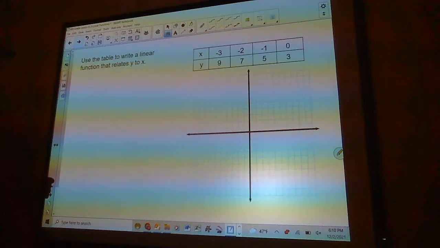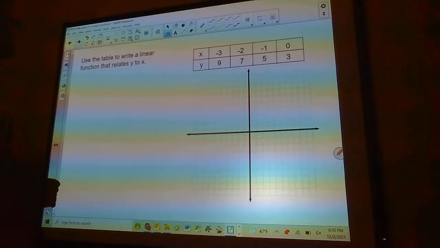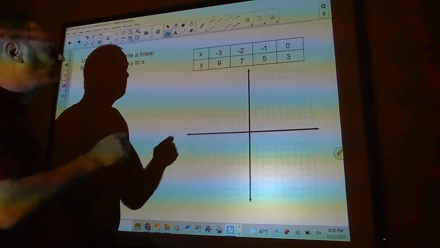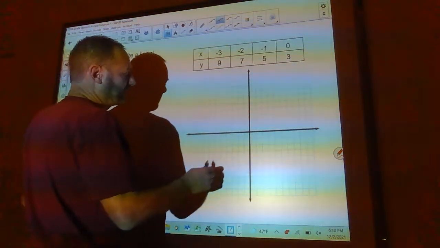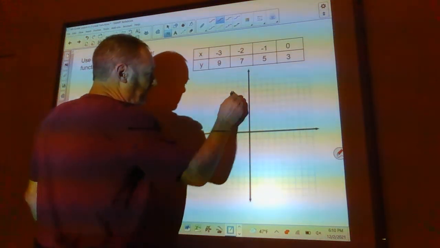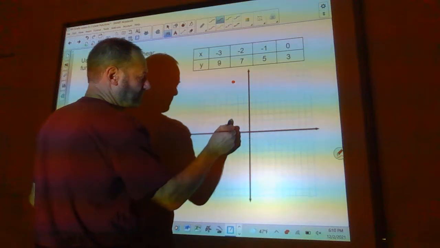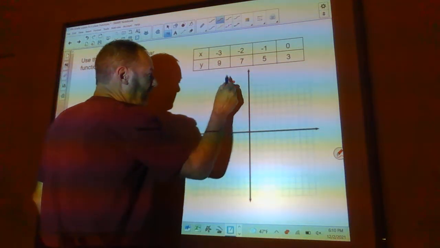Okay, so use the table to write a linear function that relates y to x. Okay, so first thing I would do with this is I'd probably graph these points. So we've got (-3, 9). There's (-3, 9) going to be right there. I think this is 1, 2, 3, 4, 5, 6, 7, 8, 9. Yes.